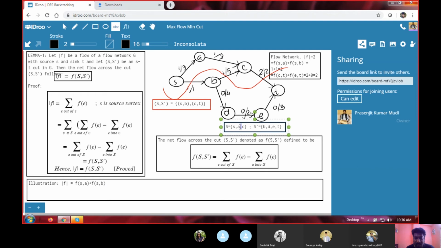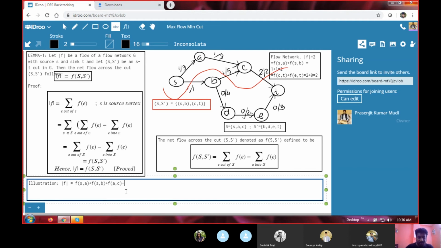Next consider vertex A. So one edge is outgoing from A, so sum of that f of A comma C, and then no other outgoing edge from A, and you find one edge which is incoming to A, SA.